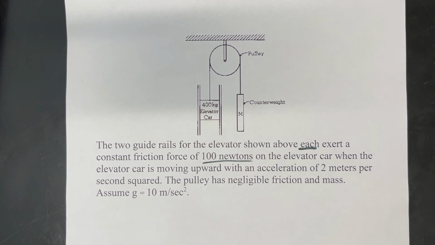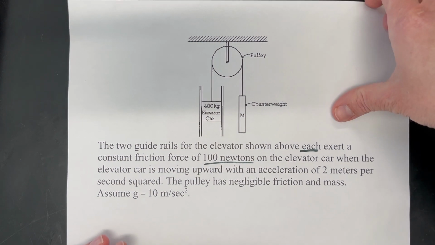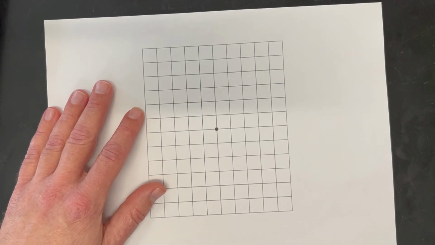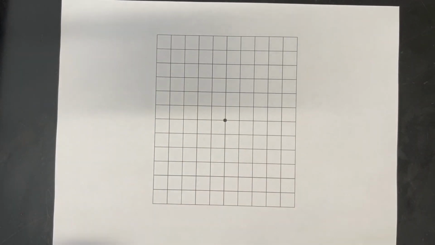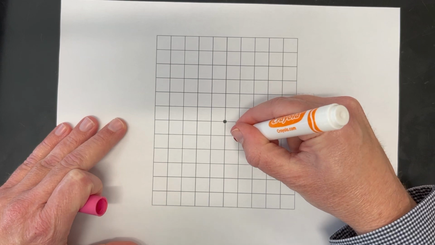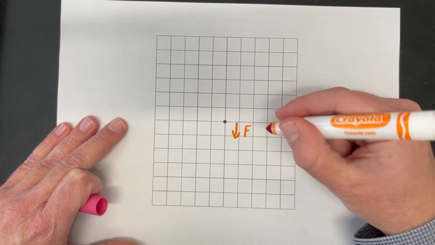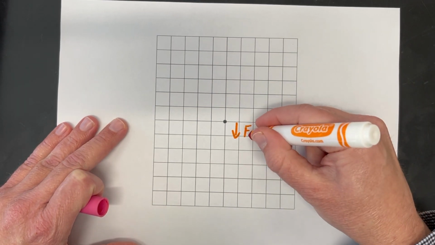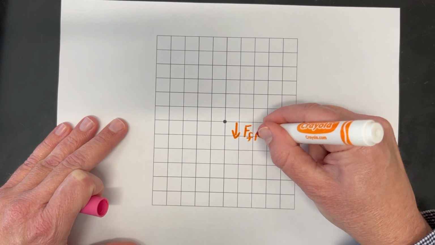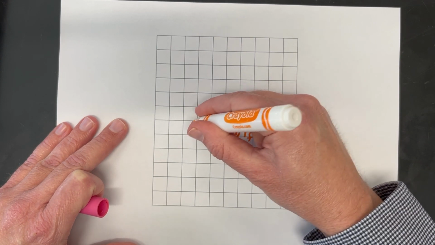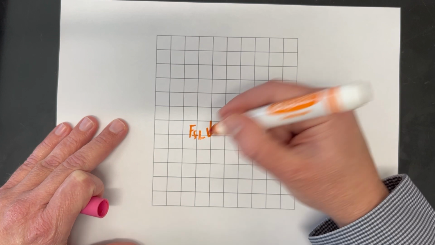First thing they want us to do is to draw a free body diagram for the elevator car. So let's do that. Each one of those guardrails exerts a friction force. Now you can draw them as one, but I'm going to draw them as the force of friction on the right rail and the force of friction on the left rail.